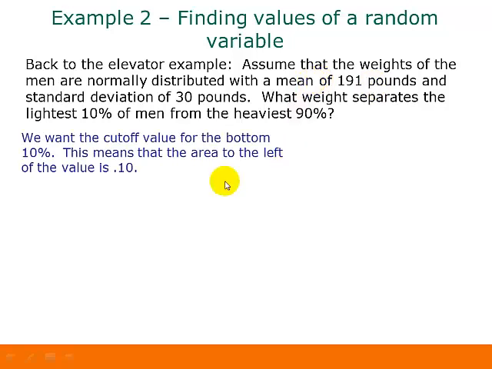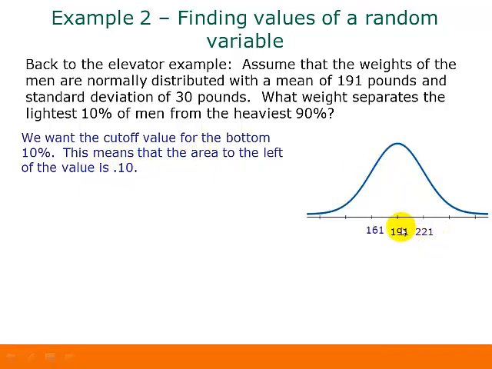If you think about that in terms of where the values are, this means that we're looking for the area to the left of the value to be the 10%. So if we draw our picture, and again I put in the mean and 1 standard deviation below and 1 standard deviation above, we can make an educated guess about where that cutoff value might be.